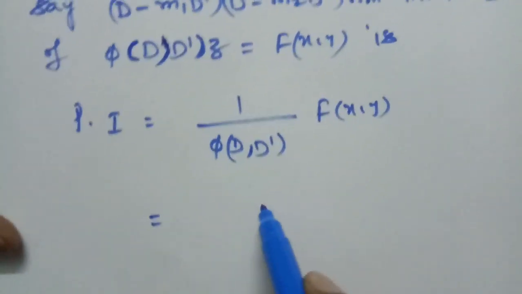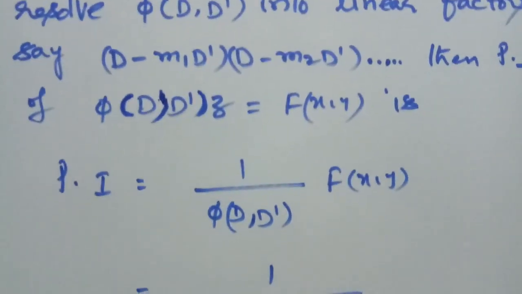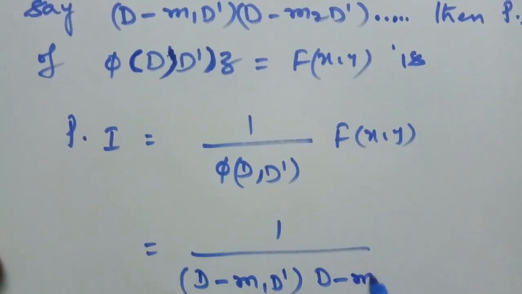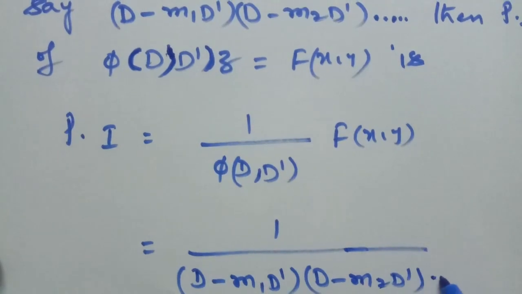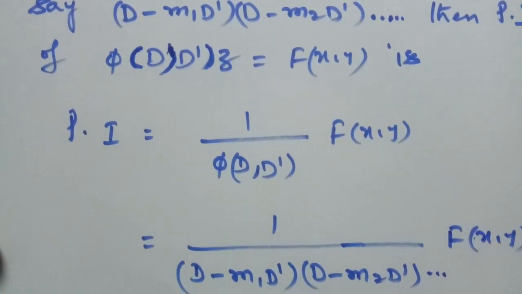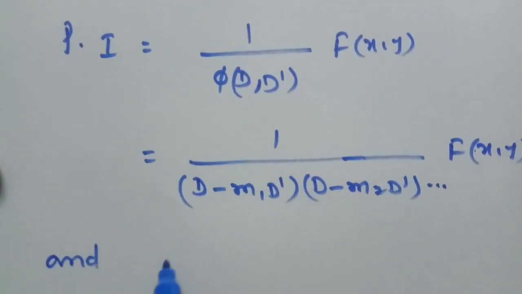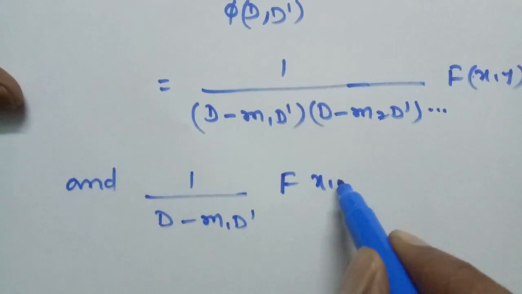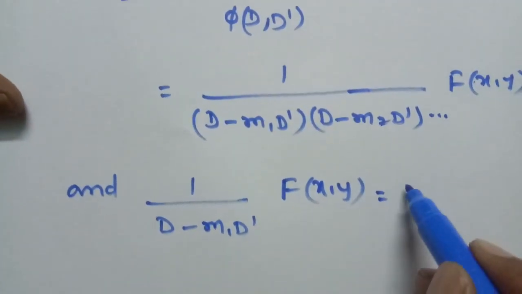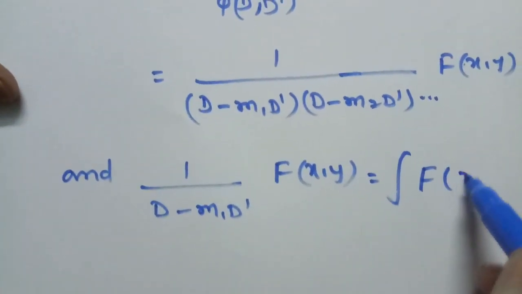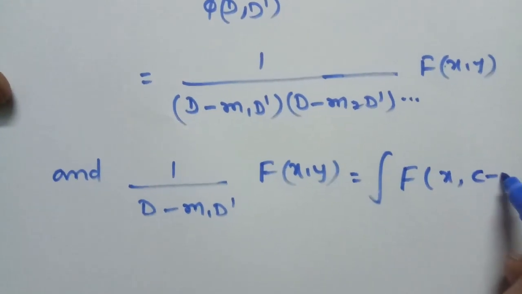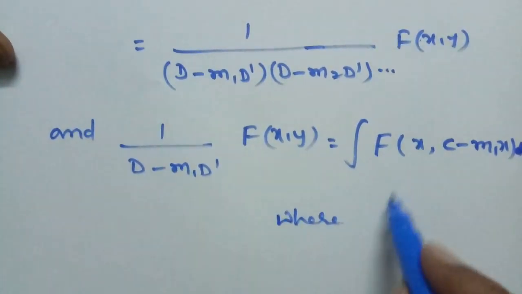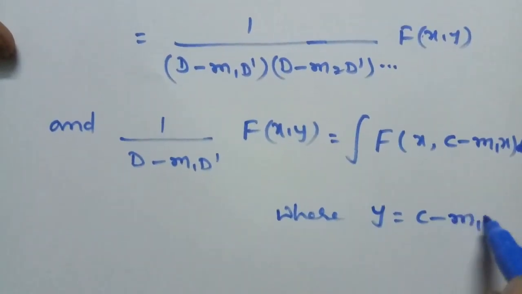Therefore, this can be written as 1 by, as explained earlier, D minus m1 D dash into D minus m2 D dash and so on into f of x comma y, and 1 by D minus m1 D dash of f of x comma y is equal to integral of f of x comma c minus m1x into dx, where y is equal to c minus m1x.